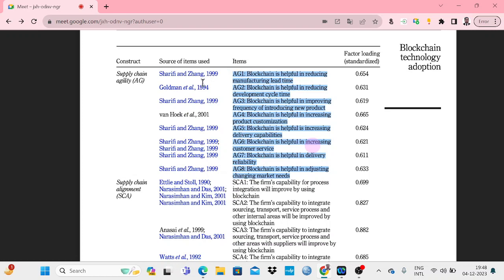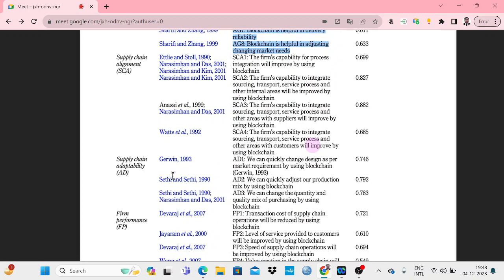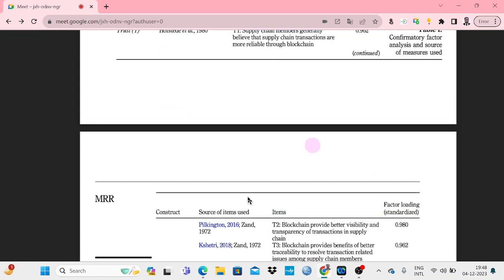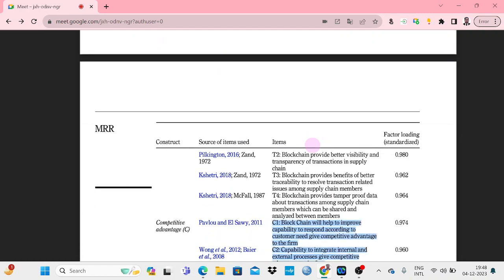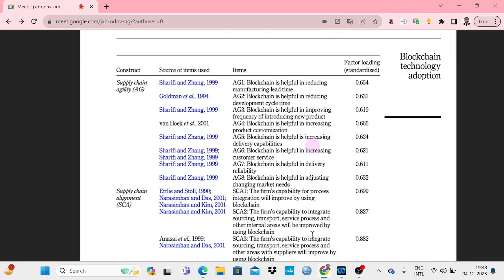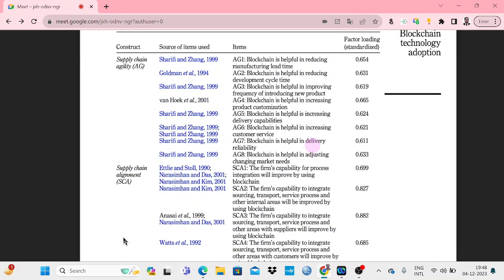These are the sources from which we have obtained these items. Similarly, supply chain alignment, supply chain adaptability, firm performance, which is just a perceived impact of firm performance, trust, and lastly, competitive advantage. So you can see that the questionnaire has lots of questions, and these are the main constructs.